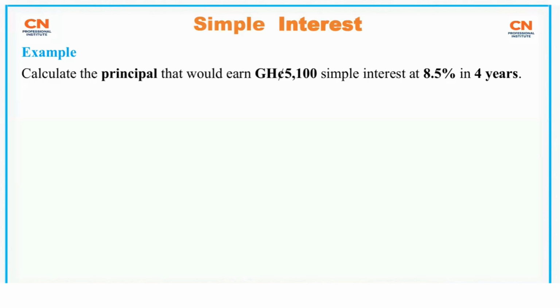So here we are not asked to calculate the interest, but we are asked to calculate the principal. And as I told you, it's all about change of subject. So let me divide this into 3 here. We know that interest is equal to principal times rate times time. So I just do change of subject.